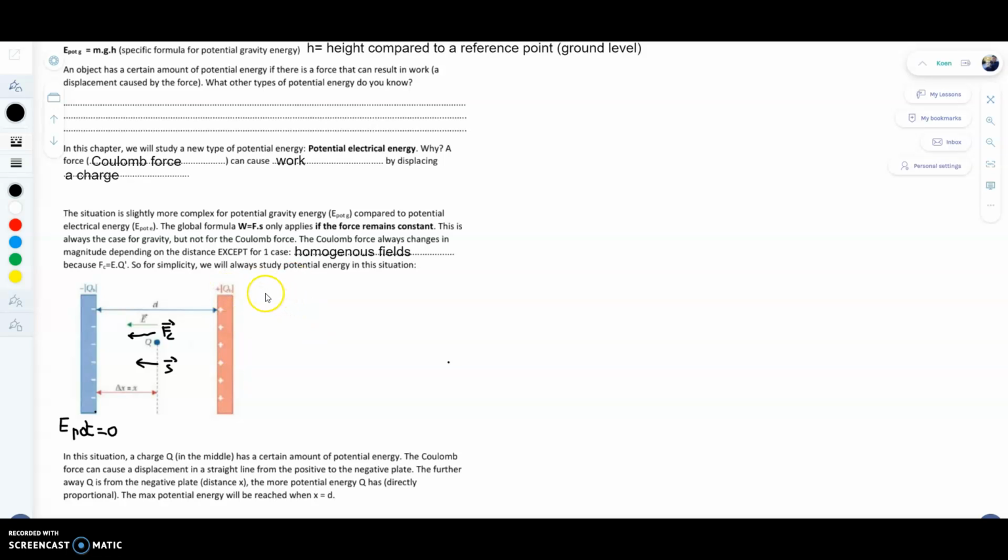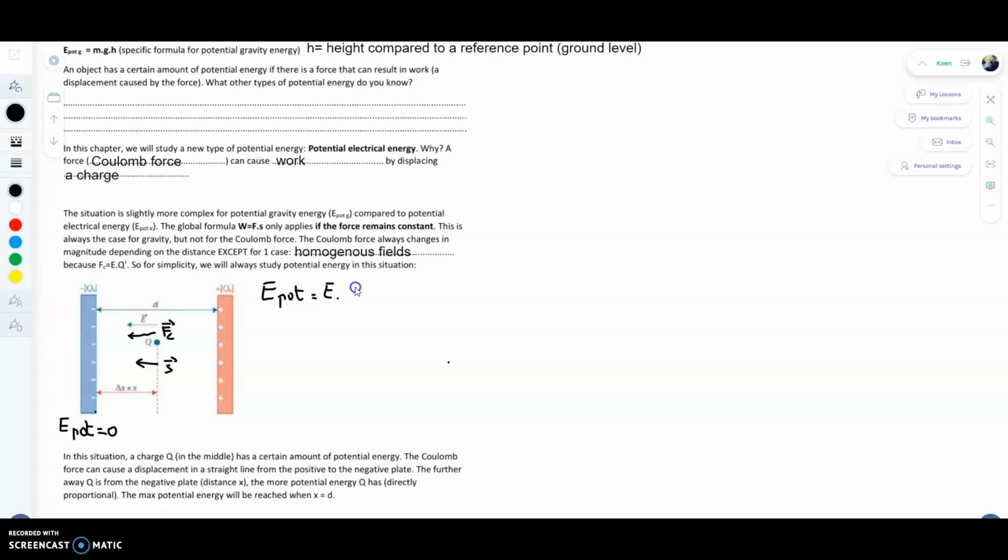Now, what is your potential energy in this case? If we want to pour that into an equation. Well, the larger the charge in the middle, the more potential energy it will have. Why? If this charge increases, your Coulomb force will increase. So it is directly proportional to the strength of the electric field E in this case. Why?